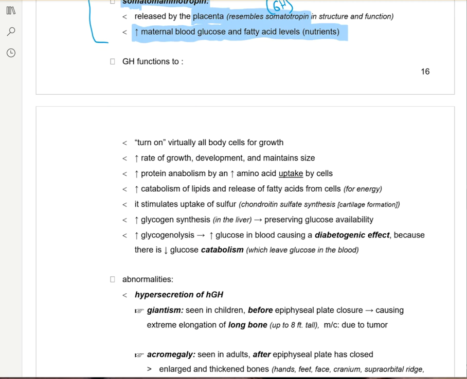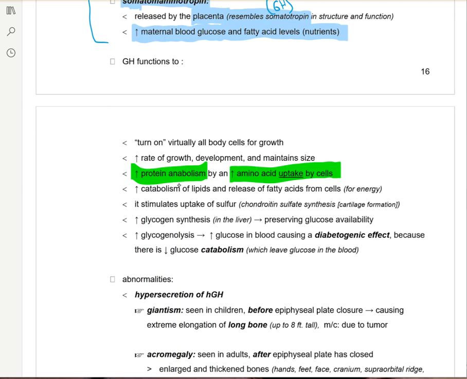There are some words here that you might remember, or you might not have remembered: anabolism and catabolism. Anabolism is creation. So if you want to write the word creation right above where anabolism is, that would be great. I'm not going to do it. But it increases protein creation, anabolism, by bringing those amino acids in so we can build proteins.